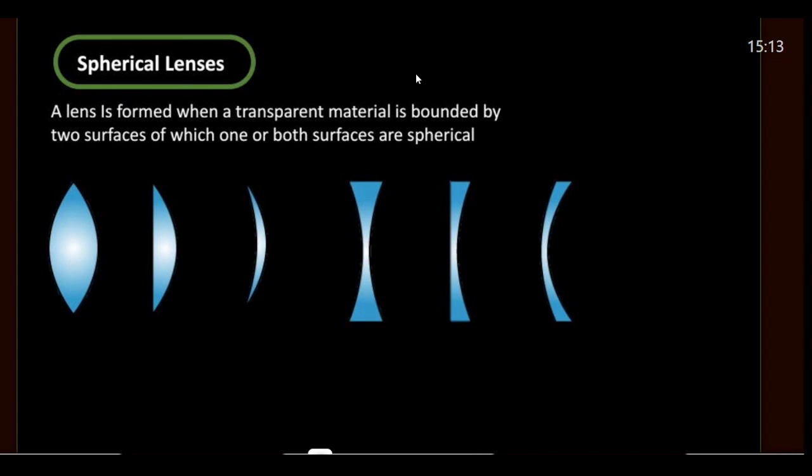To call an object a lens, it needs to satisfy two conditions. The first condition is the object has to be made with a transparent material. Then only refraction can occur, right? So it should be made of a transparent material. And the second one is, both surfaces or at least one surface of the object should be curved, okay?